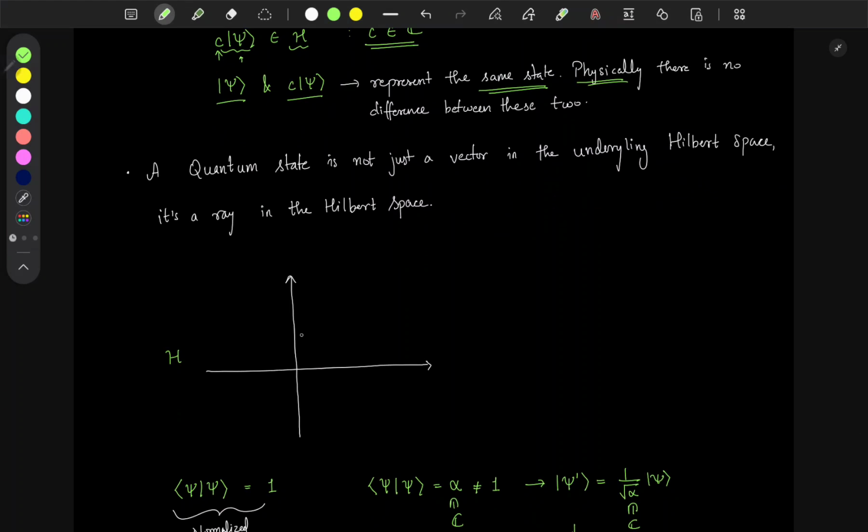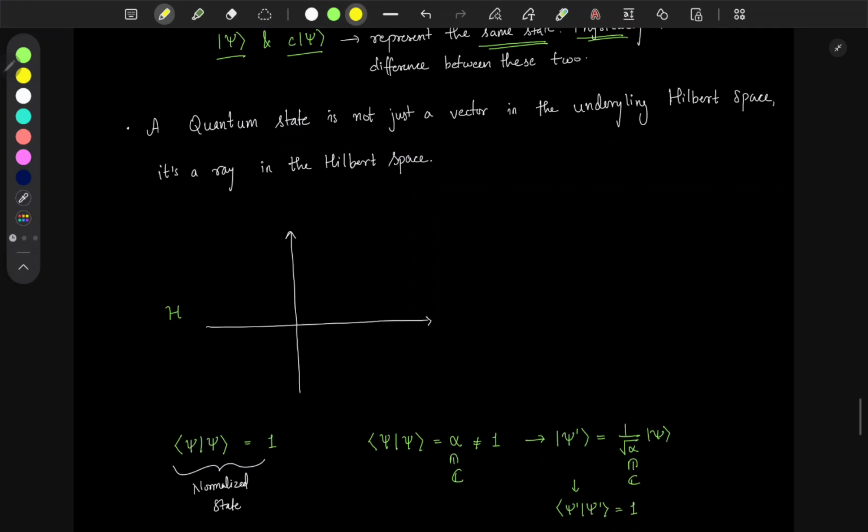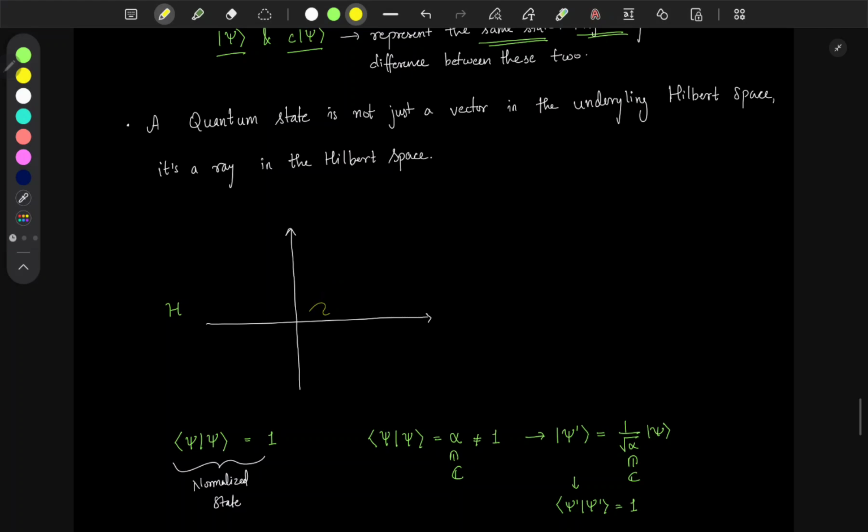Suppose this is a 2D Hilbert space. Although this is just a pictorial depiction. So suppose this is a vector space, the Hilbert space, and this is a vector which corresponds to the state psi. This is a vector psi which corresponds to some state. I'll just call it state 1, and this yellow vector is psi.